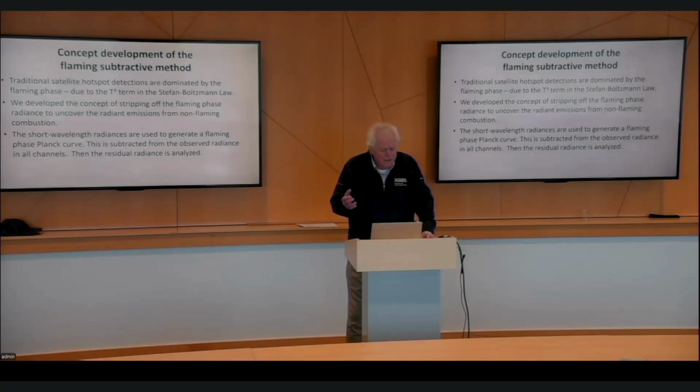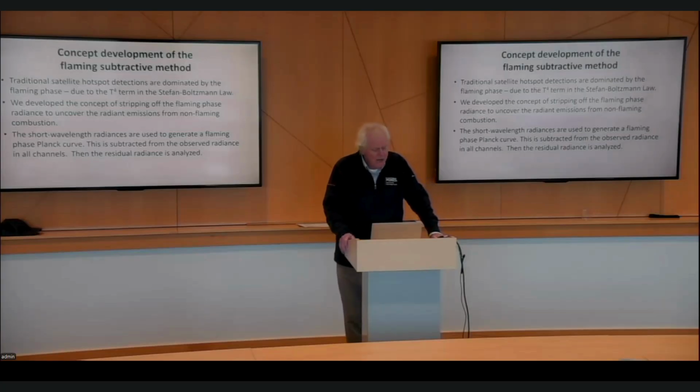In addition to not being able to distinguish flaming and smoldering, what you do detect in a satellite hotspot is dominated by the flaming phase due to the temperature to the fourth power term in the Stefan-Boltzmann law.